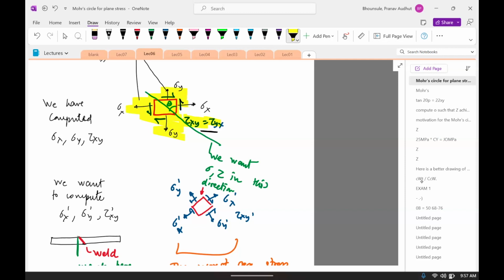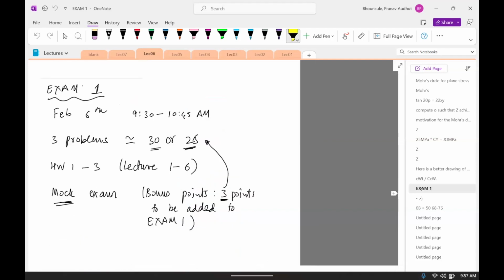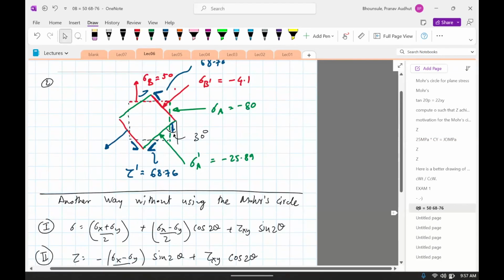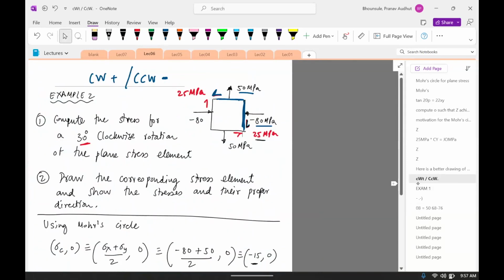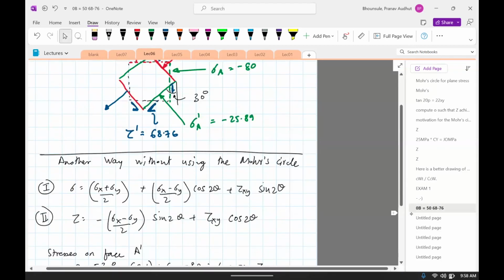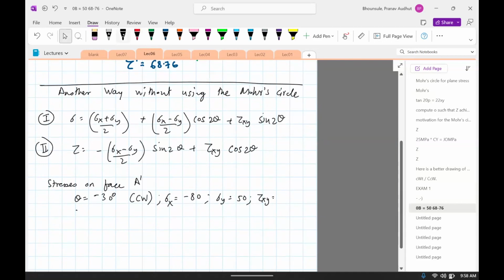So in this case, going by the figure, we have 25 MPa, but 25 MPa is shown in a different direction, or the opposite direction, from what we started off with. And so this has to be negative for tau xy.